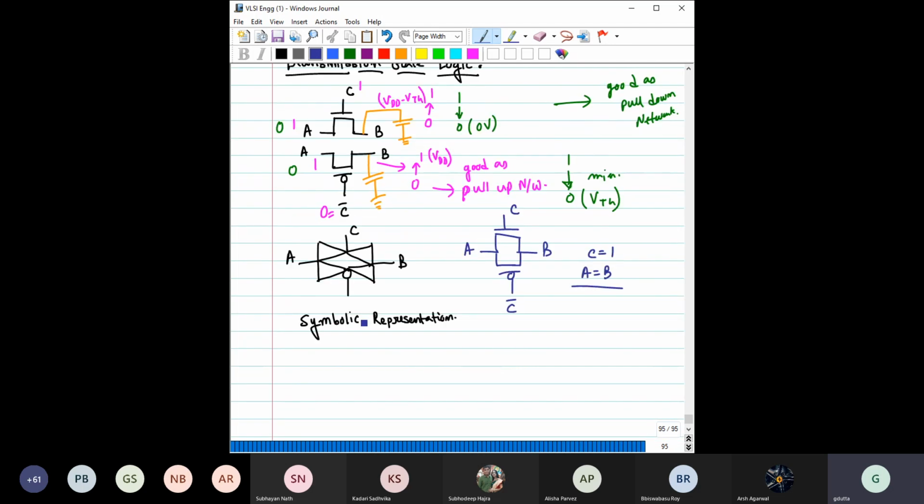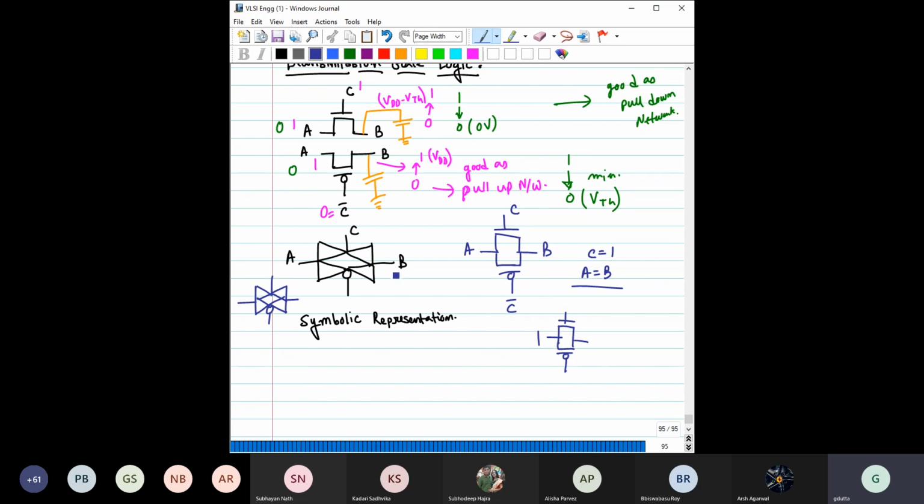But I always find this symbolic representation very hard to draw all the time. So I feel that rather than drawing it like this, putting the transistor level symbol and drawing it like this would save more time. See how easy it is to draw a transmission gate like this, but if you have to draw it like this, then like this, I would rather prefer to draw this symbol again and again.